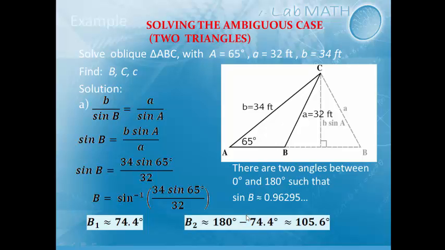And we also have another angle, which is 180 less 74.4, which is 105.6 degrees. There are two angles between 0 and 180 degrees such that this is the value of your sine B. So in this case, we have two angles for angle B.